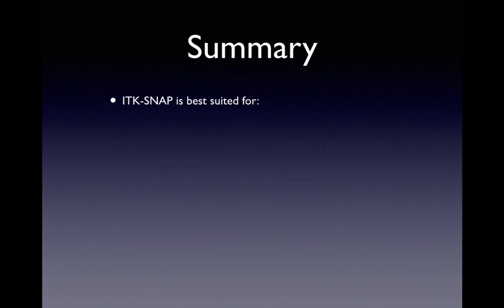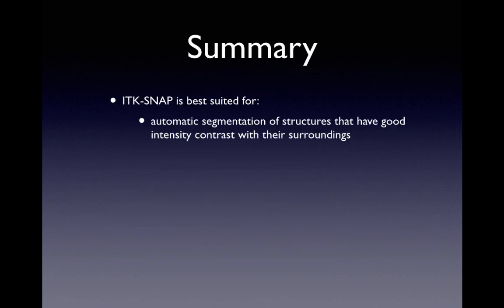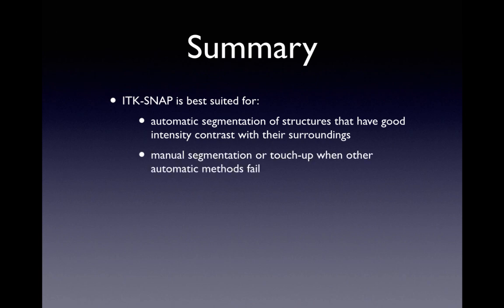Let me just summarize. So ITK-SNAP is best suited for automatic segmentations of structures that have good intensity contrast with their surroundings. Looks like the summary slide was from a slightly different set of slides. And manual segmentation or touch-up when automatic methods fail.